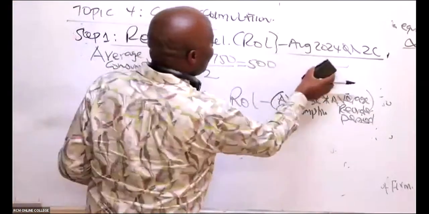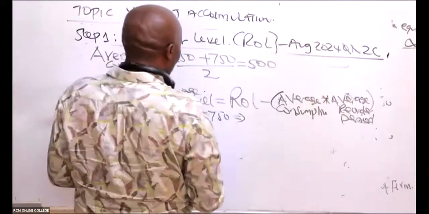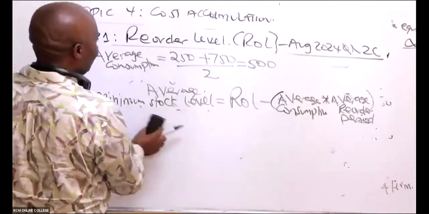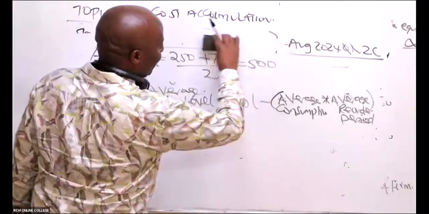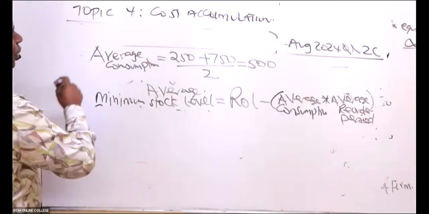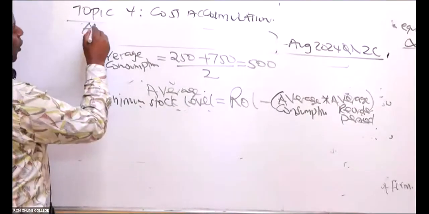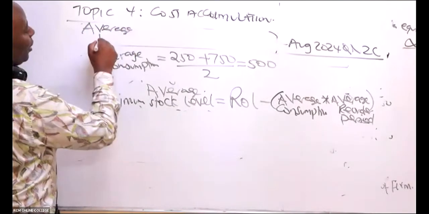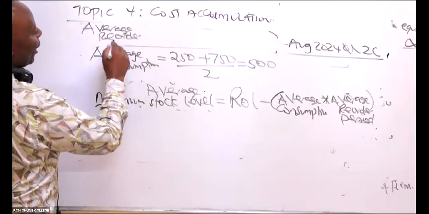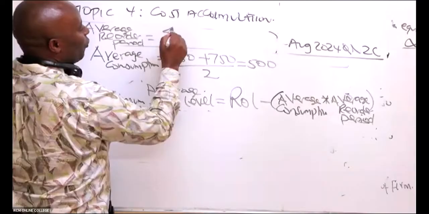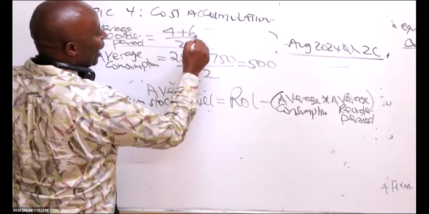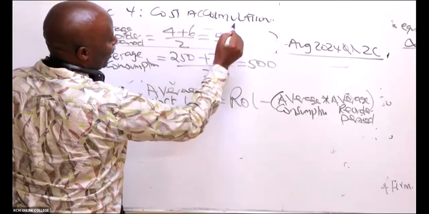How about average reorder period? Are you able to give me the average reorder period? 4 plus 6, isn't it, divided by 2. So average reorder period equals 4 plus 6 divided by 2, which gives me 5.